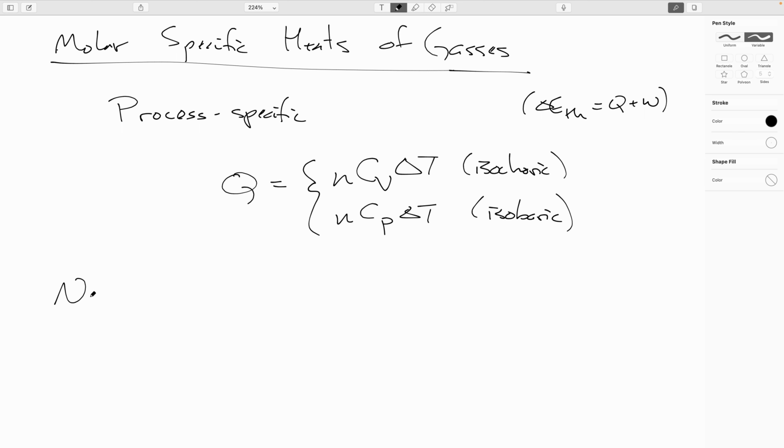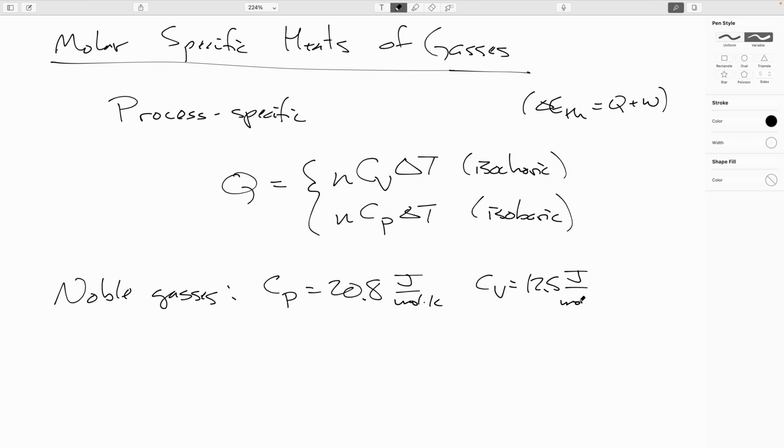But just an interesting bit of experimental data. If you take a look at the noble gases, so we're talking helium, neon, argon, all of those, it turns out that C_P for all of them is right around 20.8 joules per mole Kelvin, and C_V is equal to 12.5 joules per mole Kelvin for each of these.